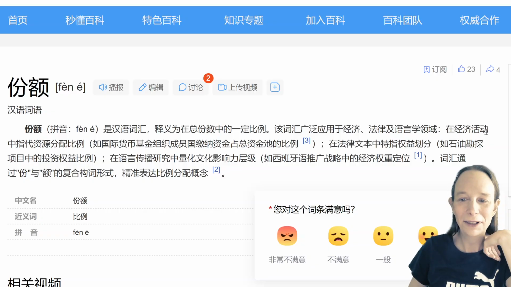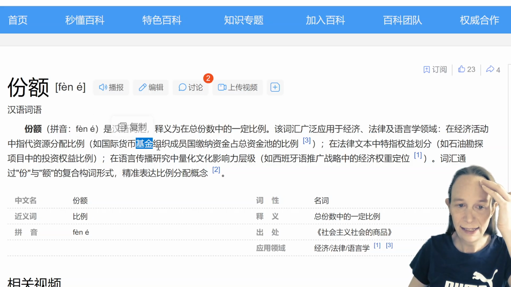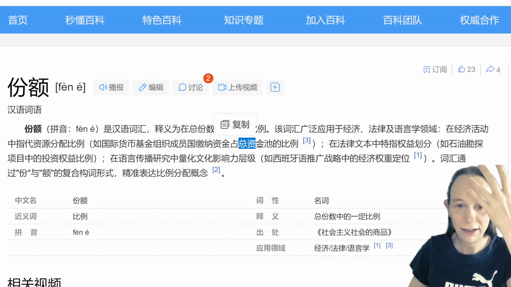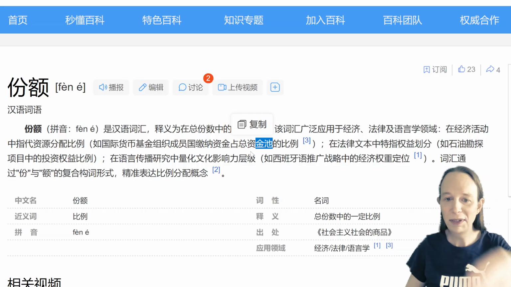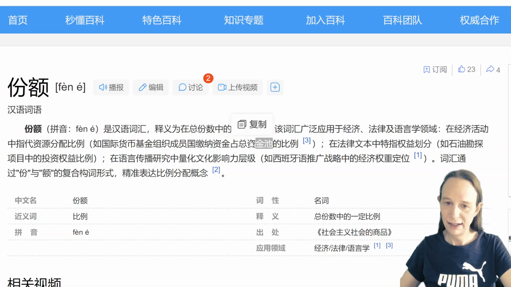在经济活动中指代资源分配比例，如国际货币基金组织成员国缴纳资金占总资金池的比例。What's 金池?